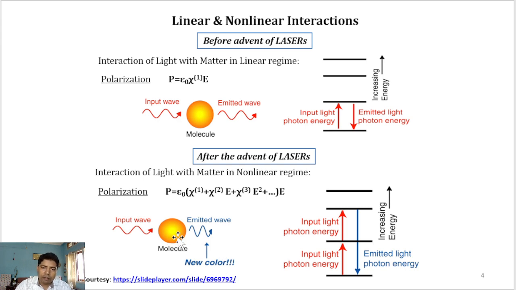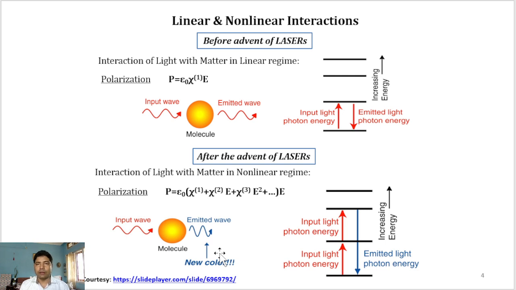Definitely red will be there, but a new color in addition to this red color will also be seen. This gives rise to a new phenomenon: not monochromatic light. When we launch intense monochromatic light into a molecule, it can produce a new light, a new color.